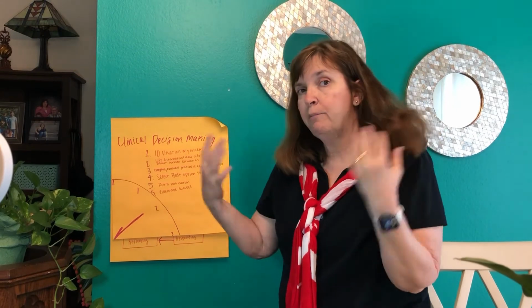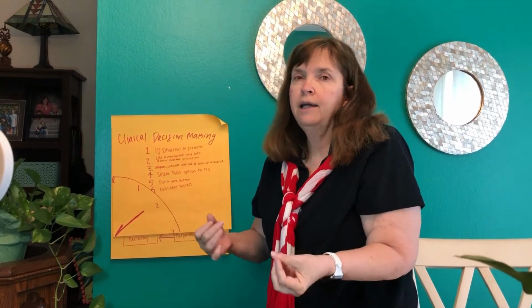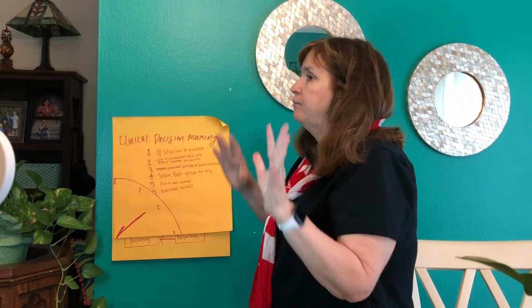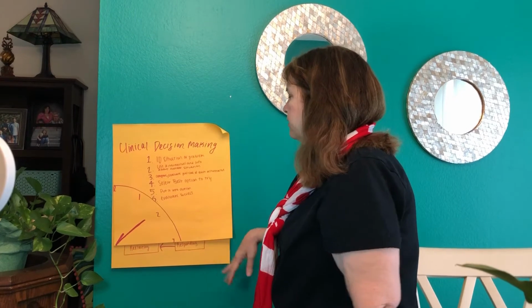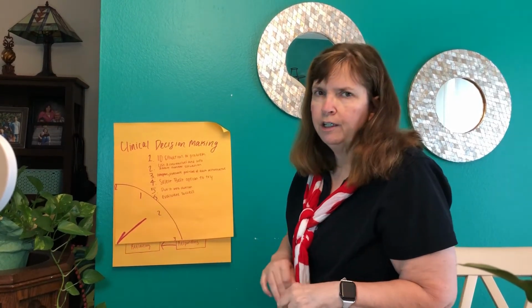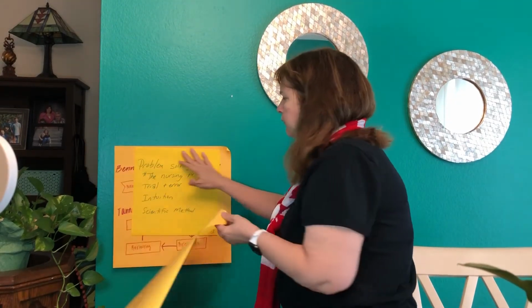We want to select the best option to try, and in nursing and healthcare, we want the least invasive. We're going to go with the least invasive management versus the most invasive. We want to put it into action, and then we're going to evaluate our success based on that.